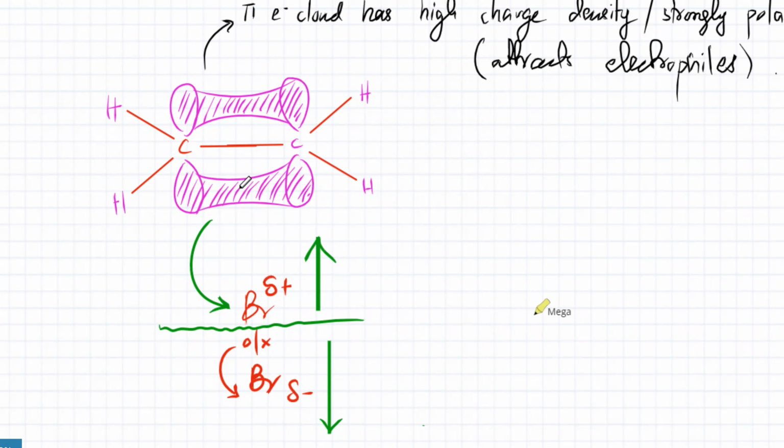The direction of the arrow is from this to this, because the electrons are the ones that are getting attracted to the positive bromine. Vice versa, the positive bromine is also attracted to the electrons, so I could have drawn the arrow in the other direction, but the curly arrow represents the movement of electrons. In what direction are the electrons moving? These electrons are getting attracted to the positive bromine. Is that clear?